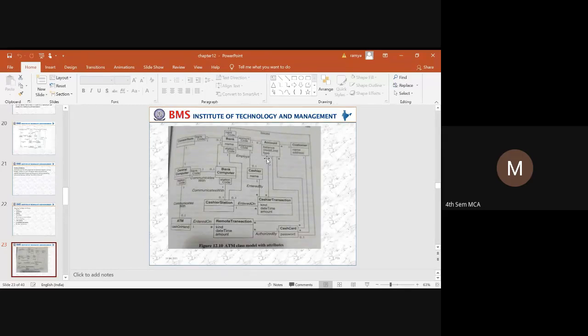And the type of an account means whether the customer has opened a current account or a savings account. So one customer can have n number of accounts. The same customer can have a savings account, a current account, an RD account, and a fixed deposit.